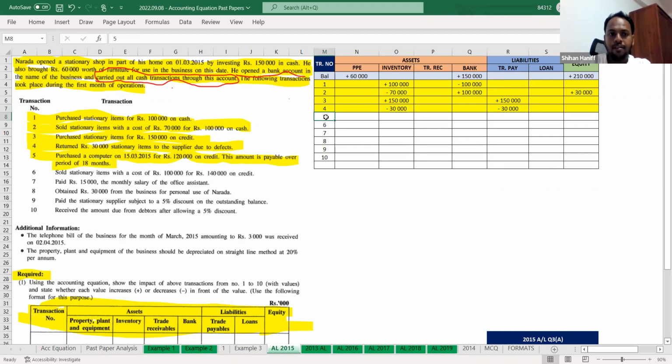This is PPE, property, plant and equipment. The double entry will be: PPE will increase by 120,000, and the loan will increase by 120,000. We can't consider this as trade payables because this is not a trading item. So this is PPE on credit, and it's a liability, a loan.